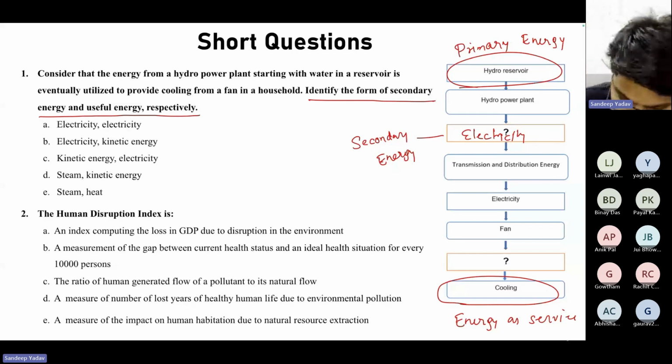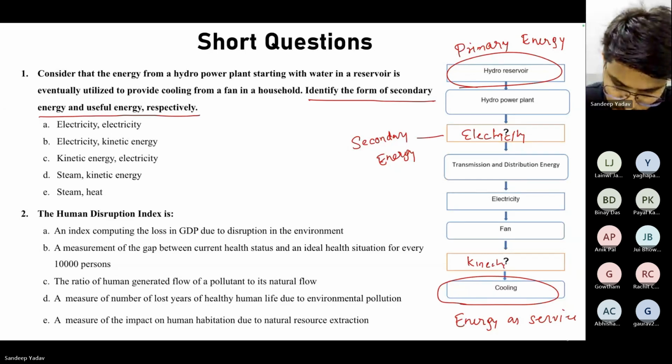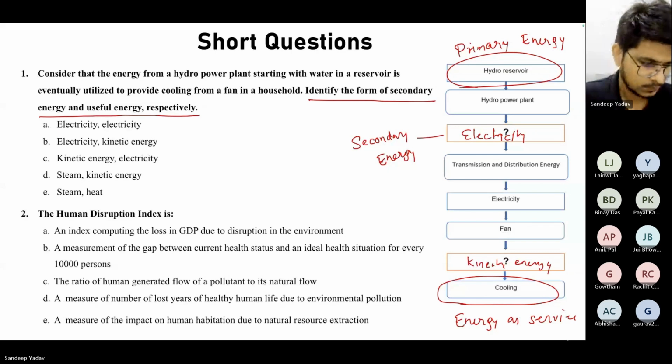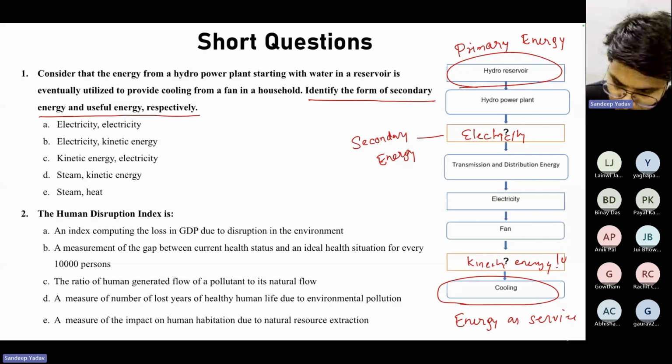That will be kinetic energy. So that is called useful energy. That is a form of useful energy.